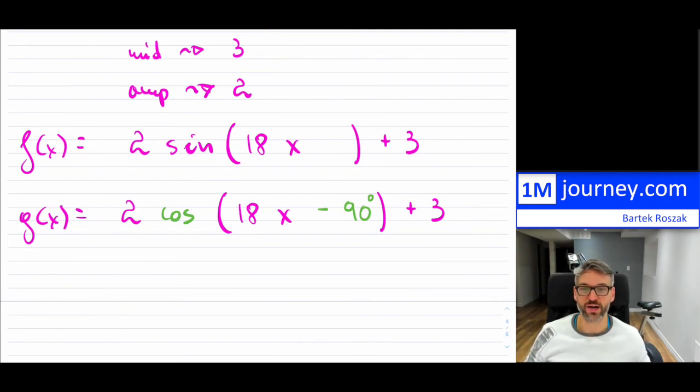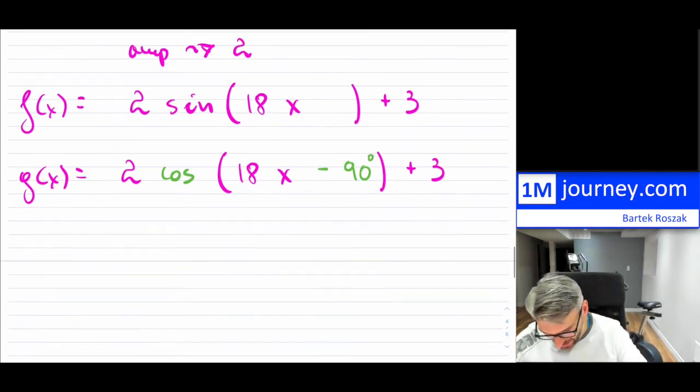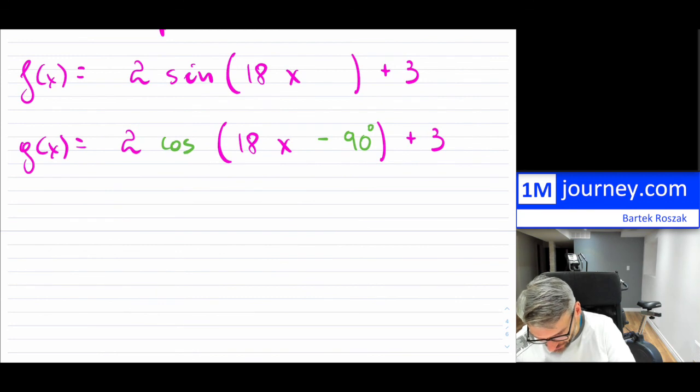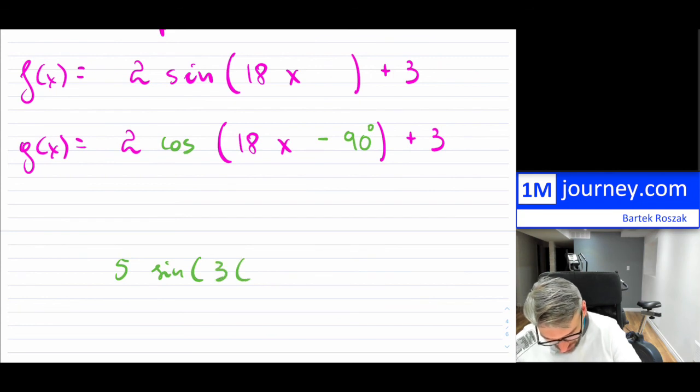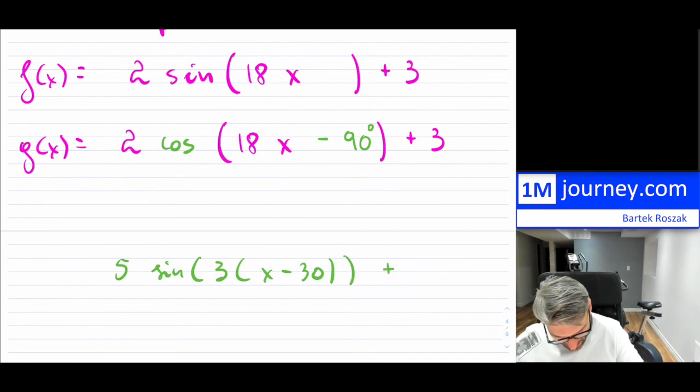No matter what you have in brackets there, you keep it in brackets, and then you just shift it over. Let's say you had 5 sine of 3x minus 30, plus 8.